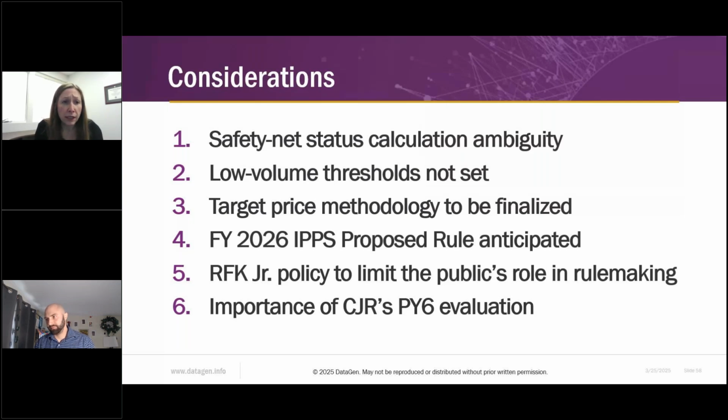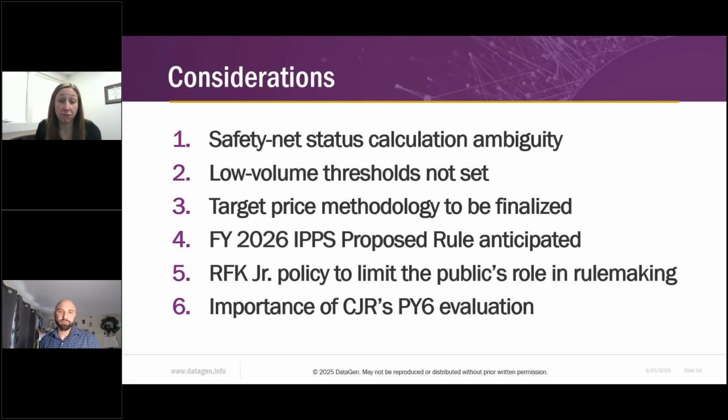The next consideration is that low volume thresholds have not been set yet. Right now, there isn't a low volume threshold policy. There was a policy that was proposed initially, and that was going to be that a hospital needed to have at least 31 episodes across all 5 episode categories in the 3-year baseline period.